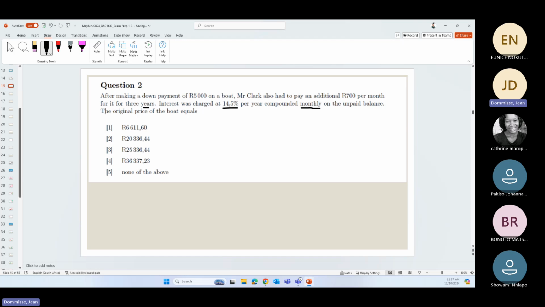What is the original price of the boat? Okay, so this is quite an interesting one.